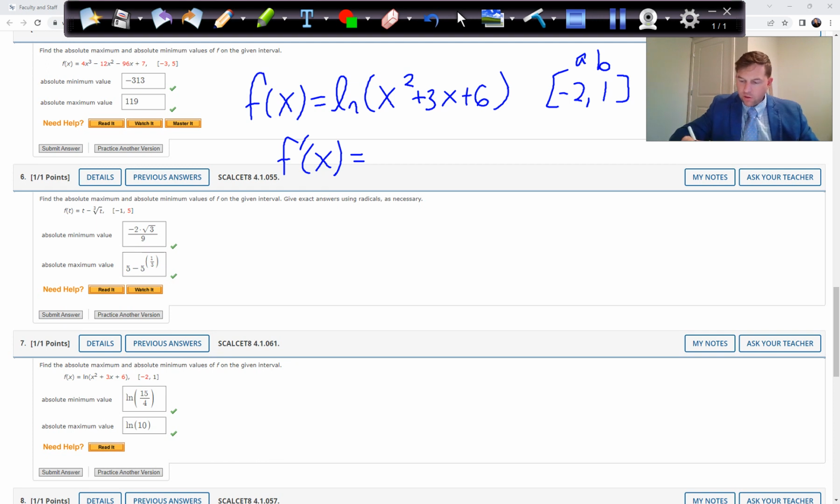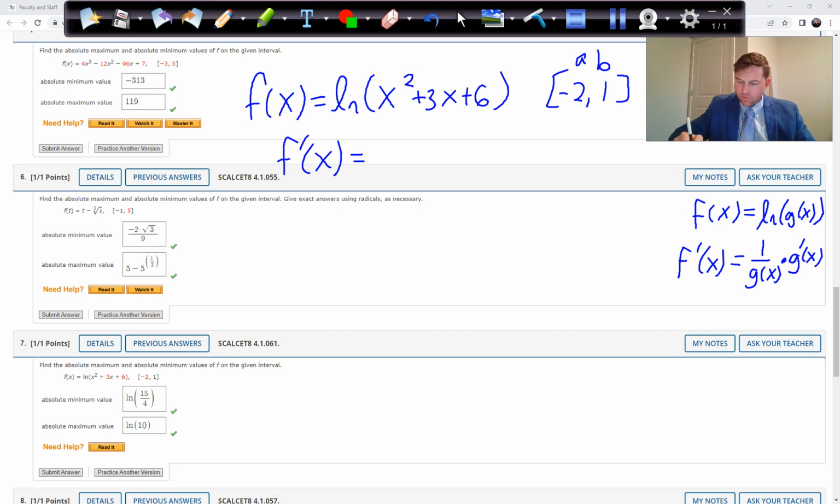So you might recall, if your function is the natural log of g of x, the derivative is 1 over g of x times g prime of x. So we had studied this a little while back.